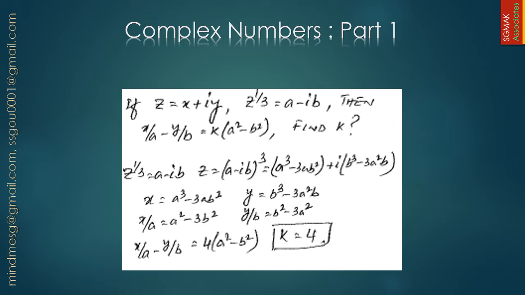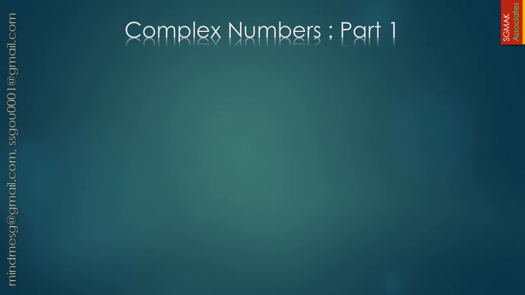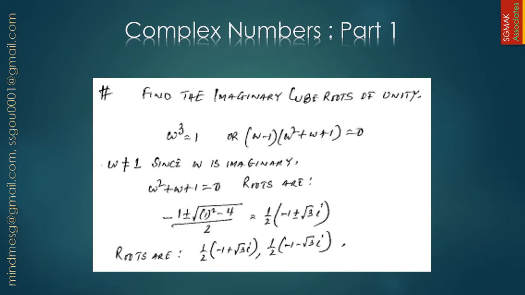Okay, let's look at the manipulation that you have. Find the imaginary cube roots of unity. Omega is the imaginary cube root, so omega cubed is 1. If we factorize, (omega minus 1) multiplied by (omega squared plus omega plus 1) equals 0. So the possible values are omega equal 1, but it cannot be 1 because omega is imaginary.